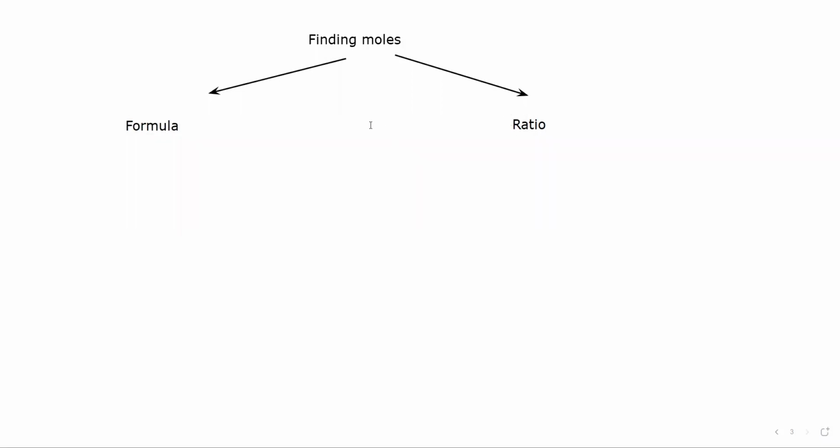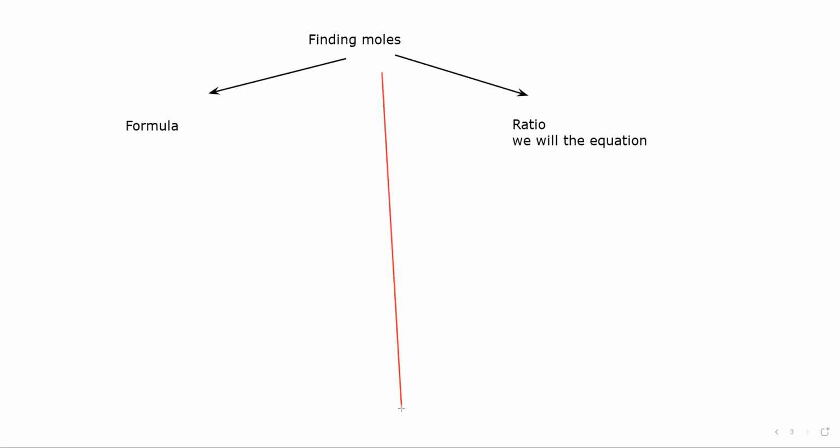So we can use a formula to find the moles, or we can use a ratio to find the moles. For ratio, we will use the equation. But first you have to learn the formulas.